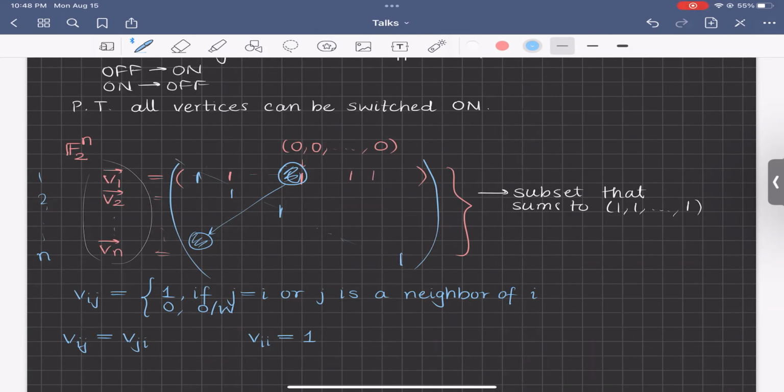And this is actually invertible. You don't lose any generality, because for any such vectors where Vij is Vji for i not equal to j, and Vii is 1, you can make a graph out of that.